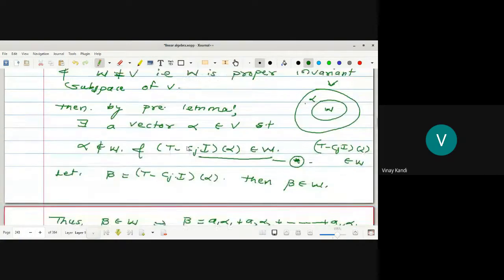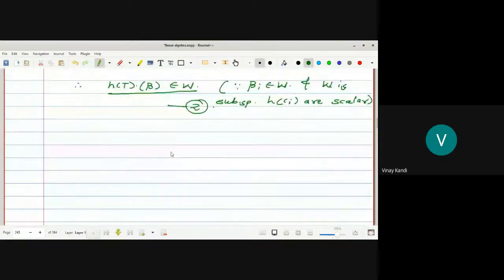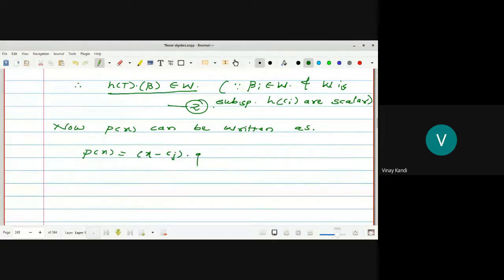Now this p of x can be written as p of x is equal to x minus c1 into x minus c2 up to x minus cj into q of x.